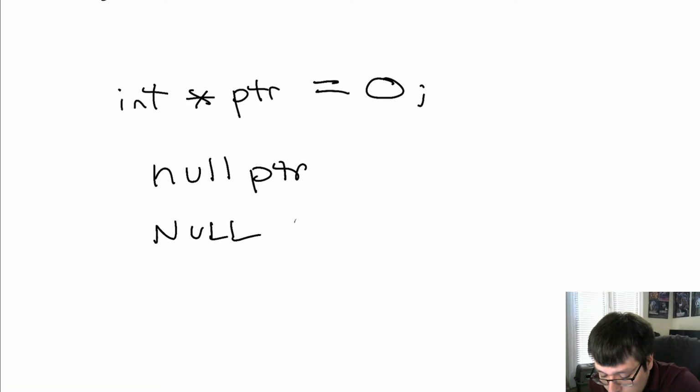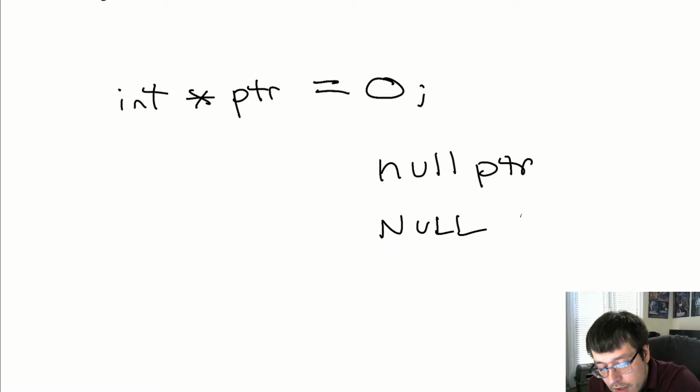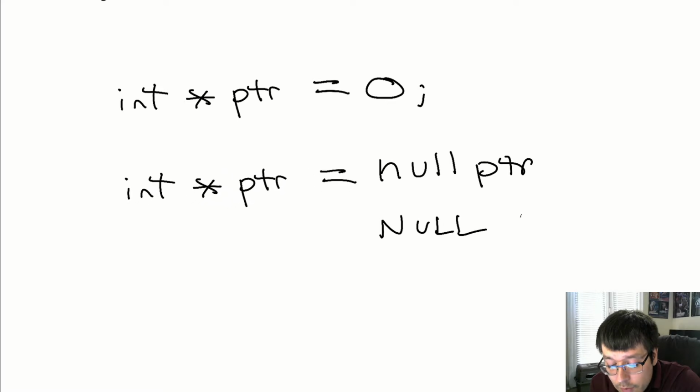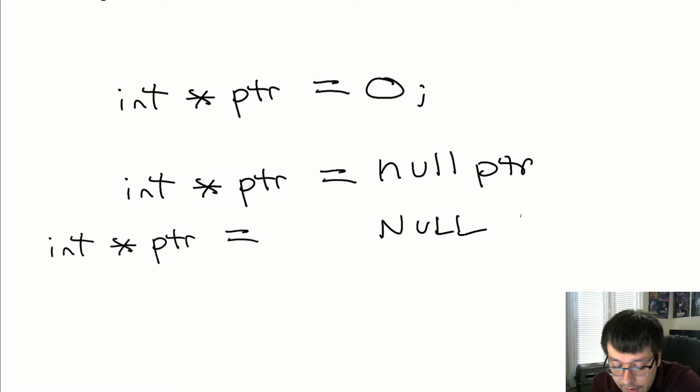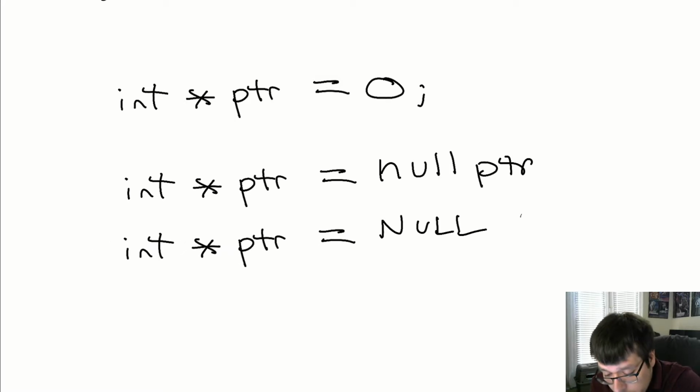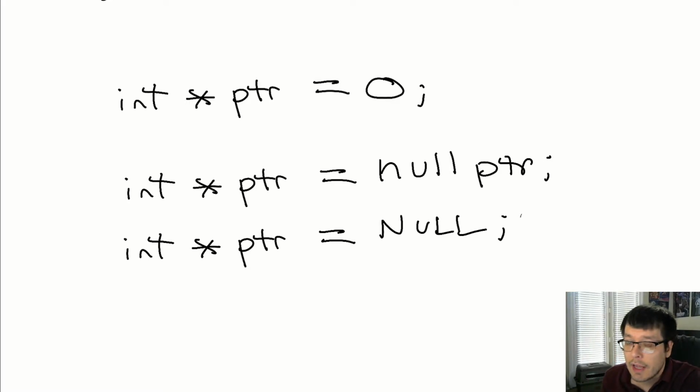So all three of these basically do the same thing, which is to initialize a pointer, or just simply set a pointer to a value that we have agreed we are never going to have as an actual address in the system, but if we ever see a pointer set to this address, we know that it is just an empty pointer.